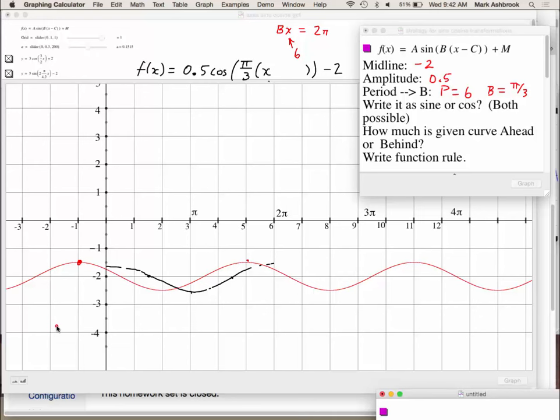Ours, the red one. So it's ahead of the unshifted cosine by 1. If it's ahead, then the angle is greater by 1. Pi over 3, x plus 1. Make sure the x plus 1 is in parentheses.